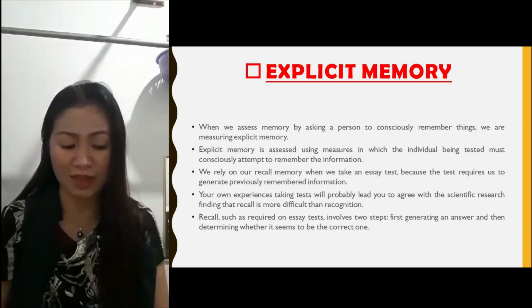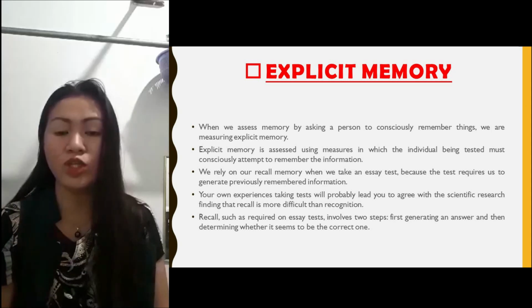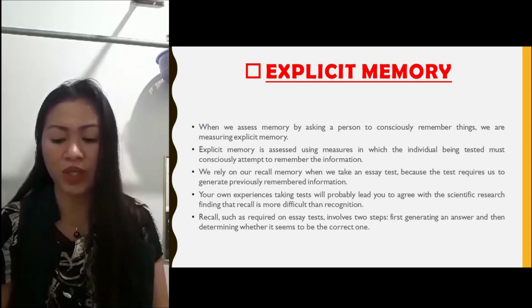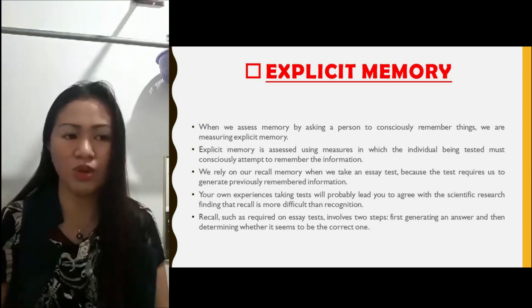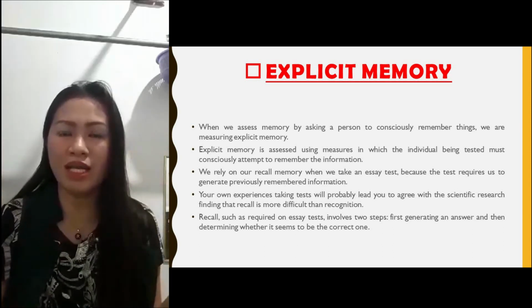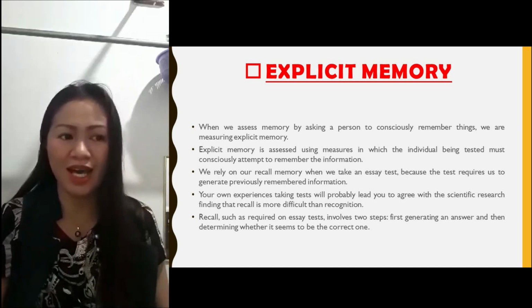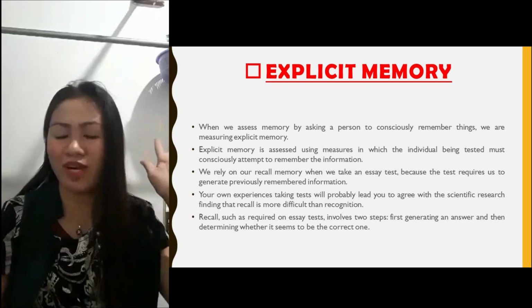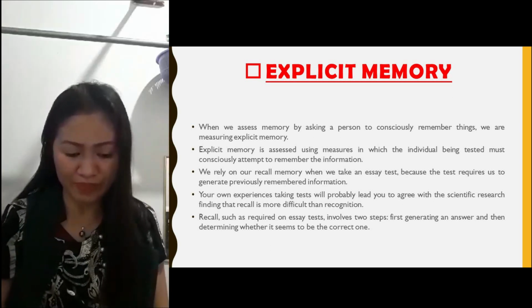When do you use explicit memory? You use explicit memory when you are consciously recalling information, such as recalling things that happened, like what happened yesterday or the other day. So that is part of explicit memory.